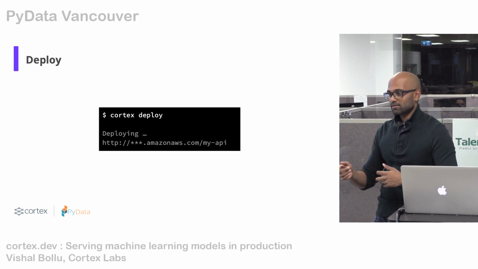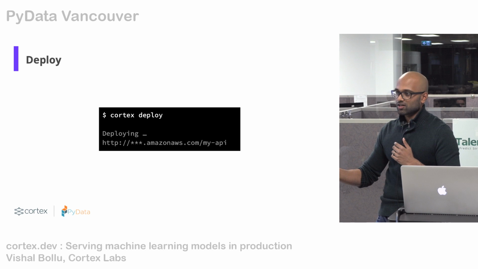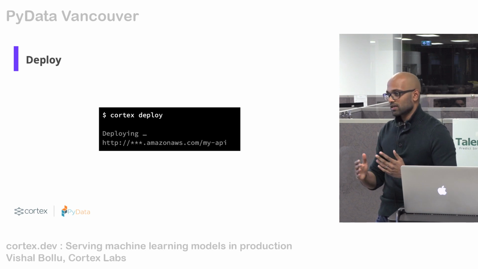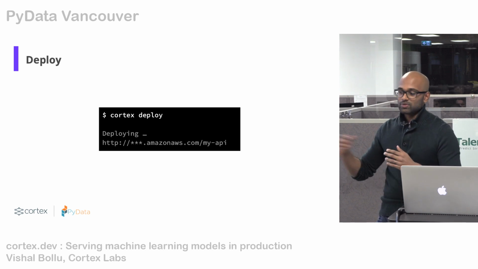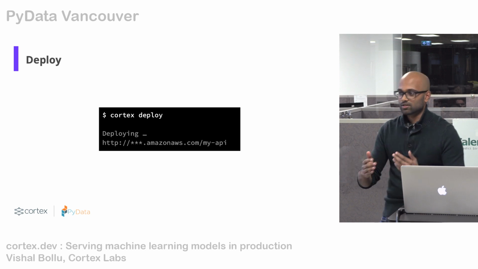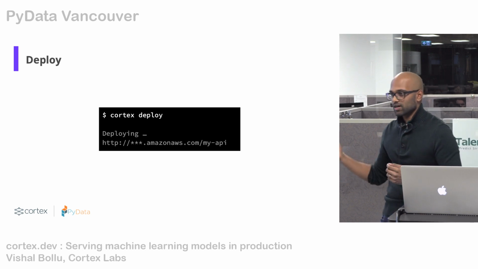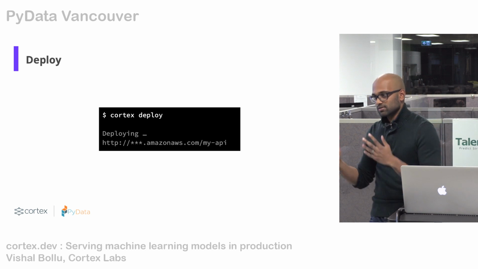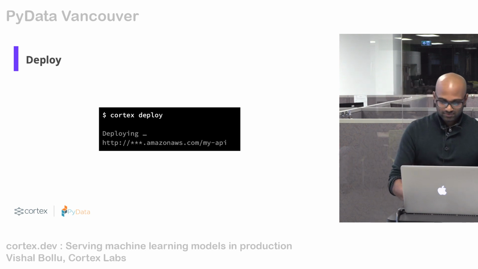Right. So we have a stock Docker image for TensorFlow or ONNX, and then we have code. We run code there. We have our own Cortex Python code that downloads the model that you specified and packages up. And if you have a requirements.txt, installs that for you. It's a good question.